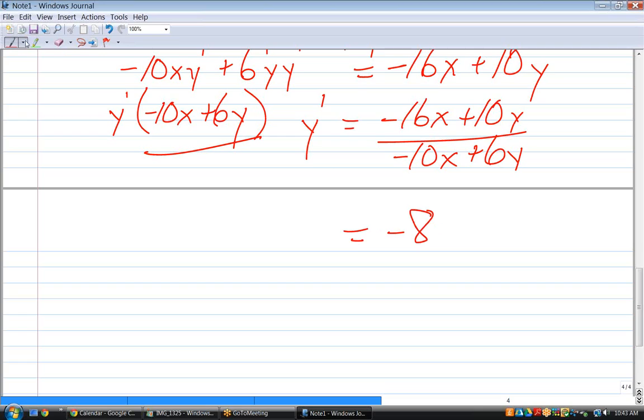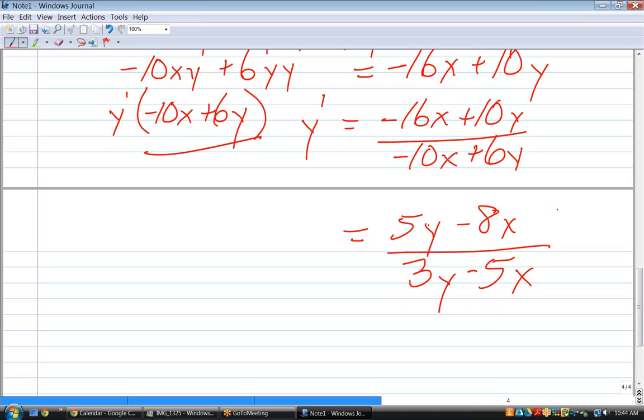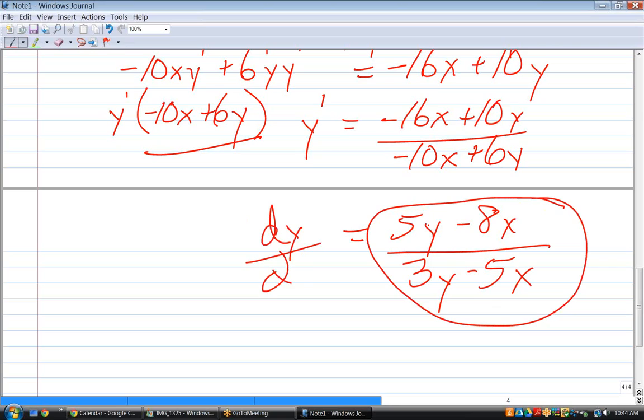Minus, and let's switch it so it looks a little cleaner. Going to divide top and bottom by 2. So I have 5y minus 8x is the new top. Down here I have 3y minus 5x. And that's as good as I can get. I can't simplify that anymore. So that is dy dx, or y prime.